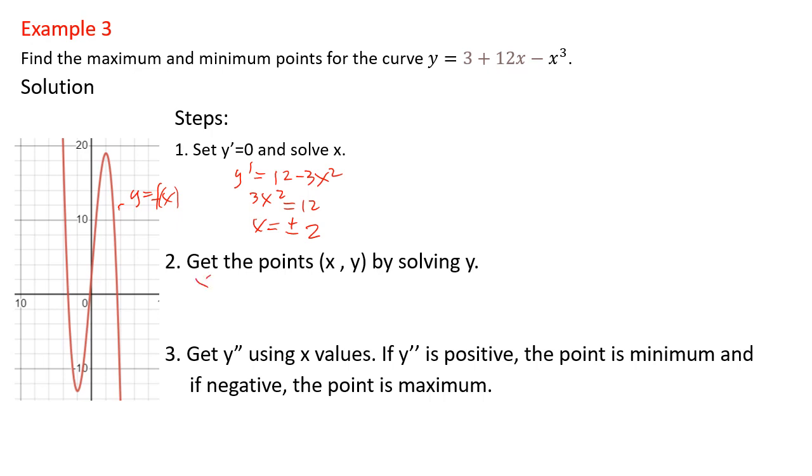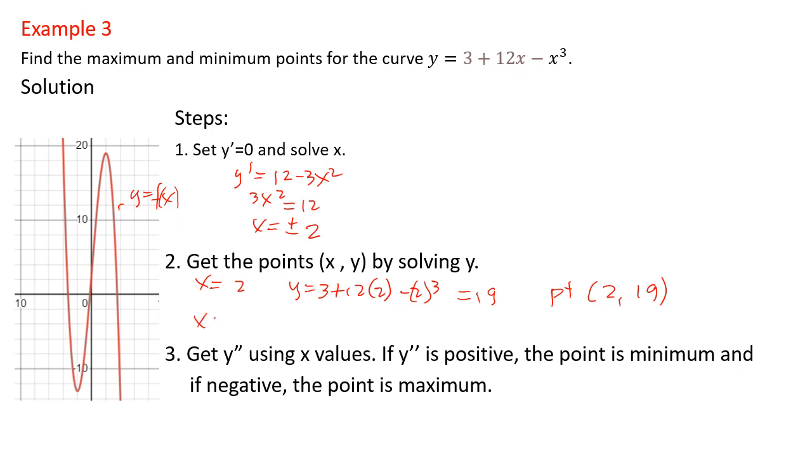So when x equals positive 2, y equals 3 plus 12 times 2 minus 2 cubed, equals 19. So the point is 2, 19.